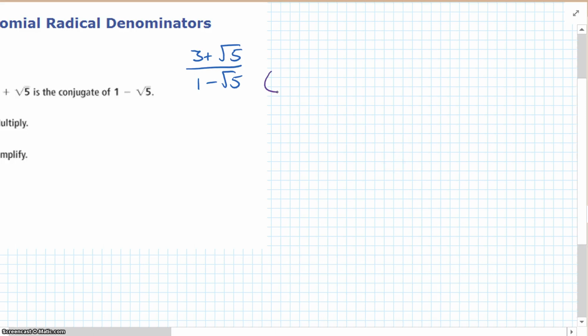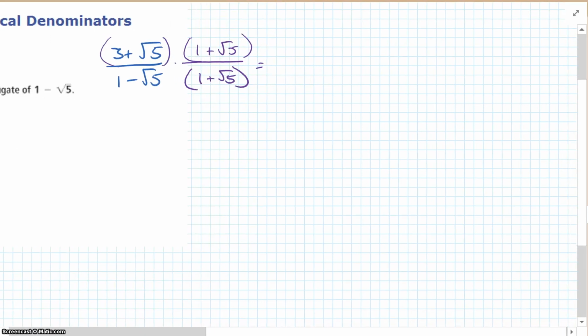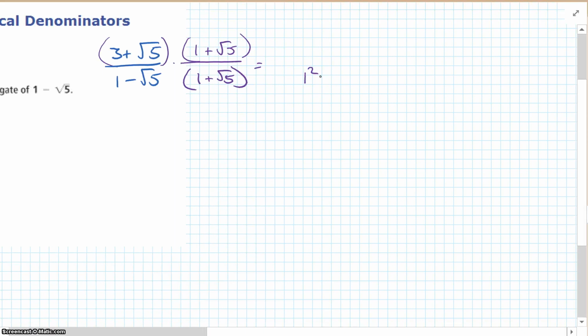So we're going to multiply the top and the bottom by its conjugate. So that's going to be 1 plus the square root of 5. Okay? So we know the bottom's just going to be 1 squared minus the square root of 5 squared, which is going to be 1 minus 5, which is going to be negative 4.